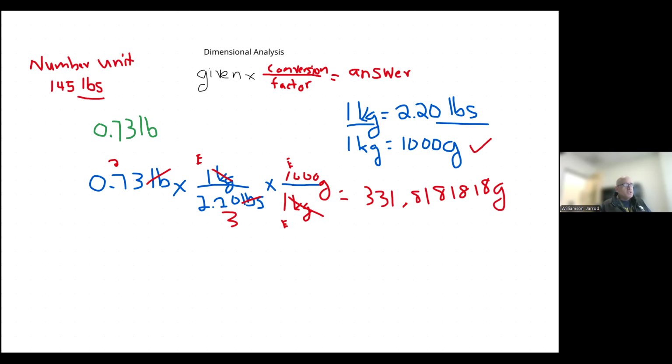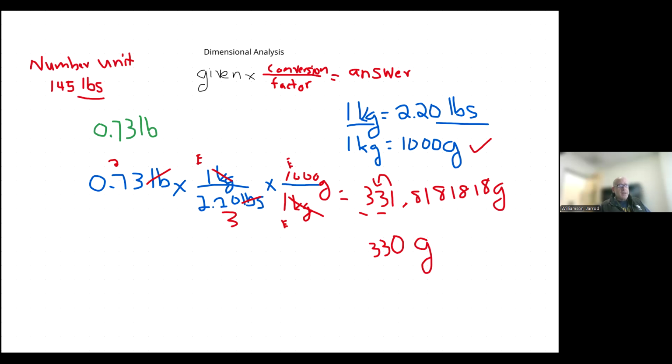I can only go to 2 sig figs. 1, 2. This does not round to 3. So I'm going to write 3, but it has to be 330 grams, not 33 grams. So I need to put in a 0, a placeholder 0. I put the letter G for grams. And that's 2 significant figures.